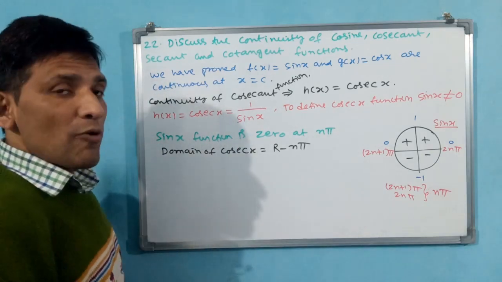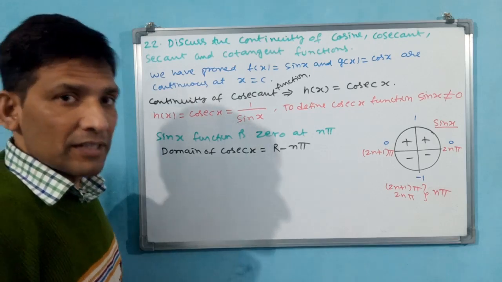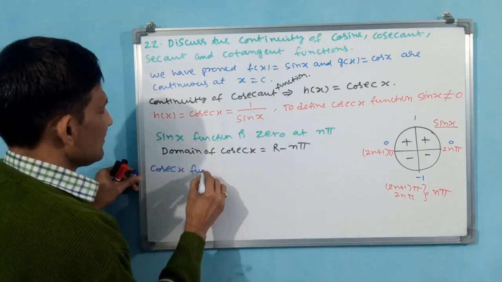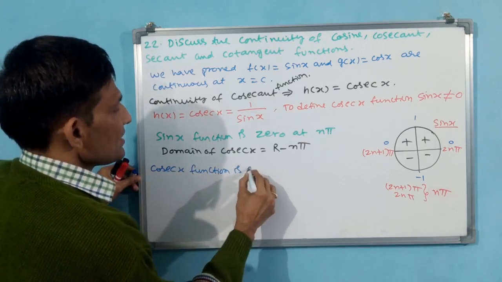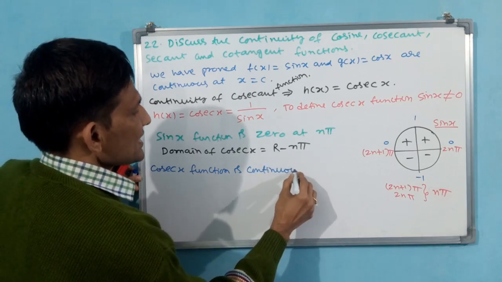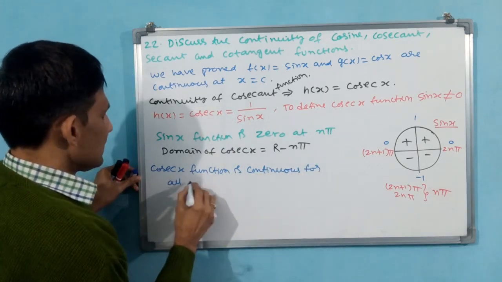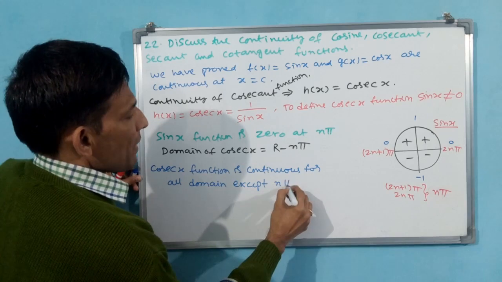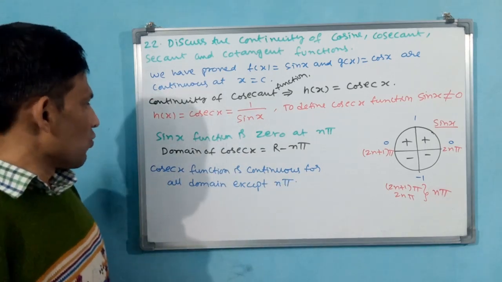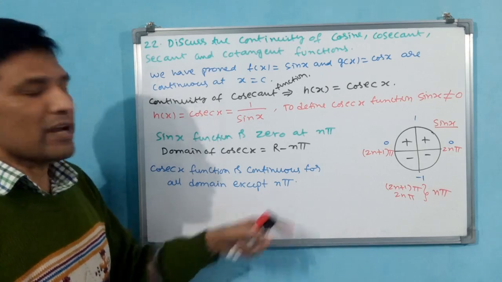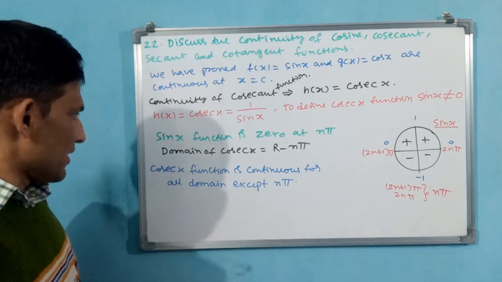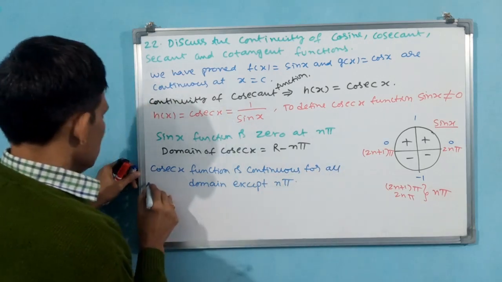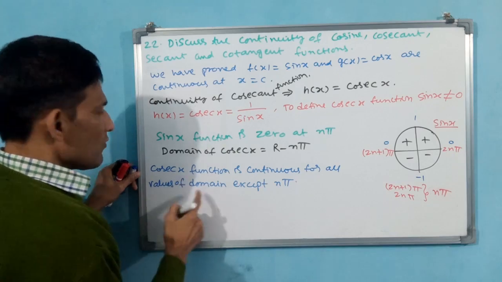Now you tell me how you are going to write continuity finally. You write like this: cosecant x function is continuous for all values of domain except n pi.